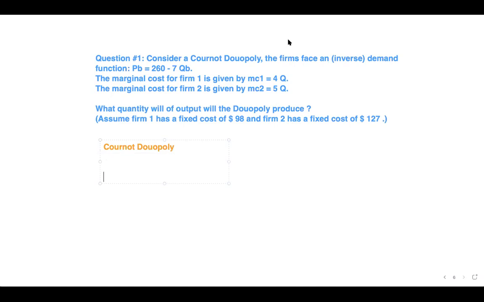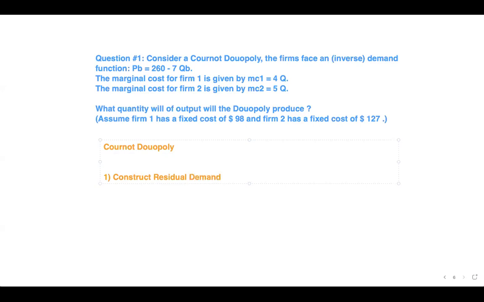Here under Cournot, there's another thing you have to do, and that is, step one, construct the residual demand.